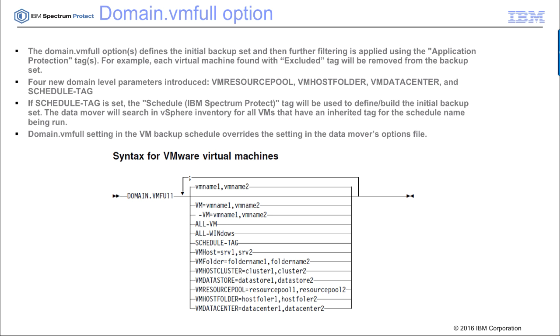But secondly, we've allowed you to, with the Operations Center, define schedules that include this domain.vmfull setting in the schedule. So if you want to go wholly with tagging, my recommendation would be to define the schedules in the 8.1 Operations Center and have it automatically add this domain.vmfull option and control your scheduling and your includes and excludes that way. But this option is still available if you want to use it.